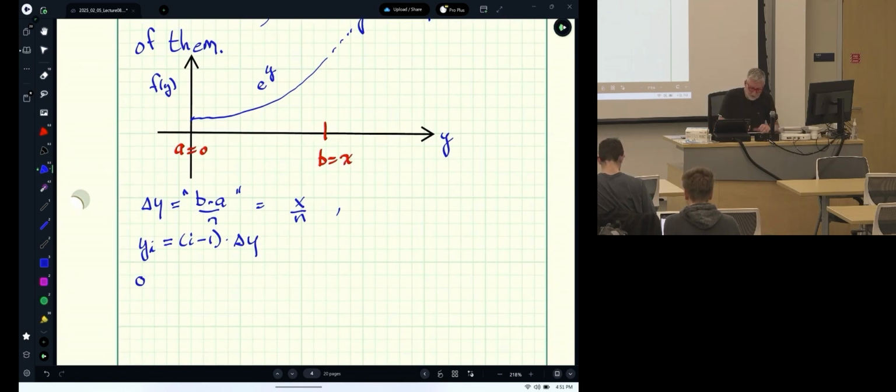And for us, since a is 0, we'll have 0 equals y1 less than y2 less than dot dot dot less than yn, and equals b, which is x. Okay, so this is just how we would set up a Riemann integral.